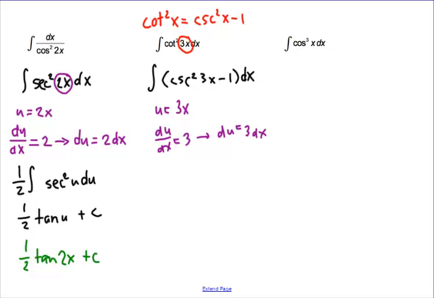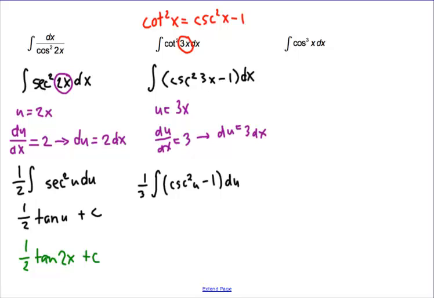So, if I go back and put that into my integral now, I have cosecant squared of 3x. I'm going to put a u where 3x is, so that's cosecant squared of u, and then minus 1. Now for my dx, I'm really putting in du over 3. So instead of the over 3 going on the inside, I'm going to make it a 1/3 on the outside.